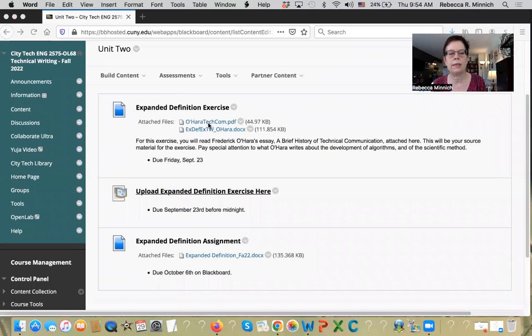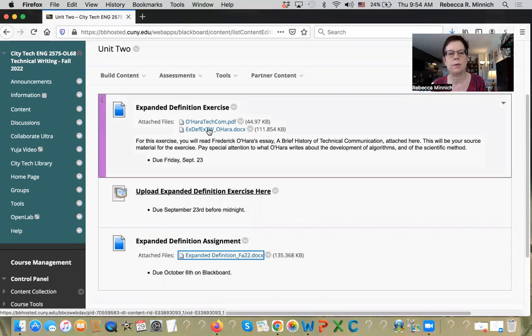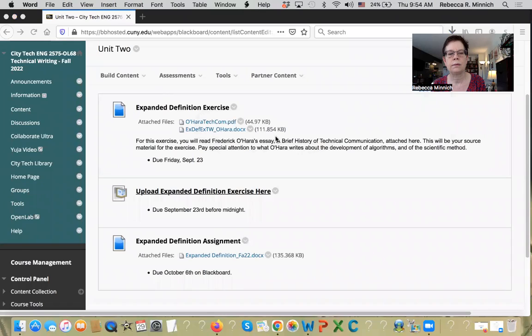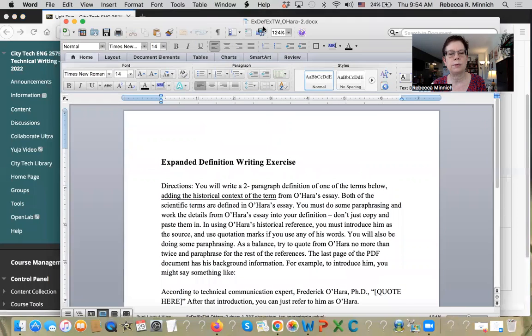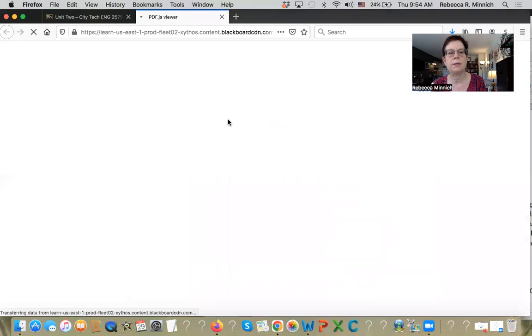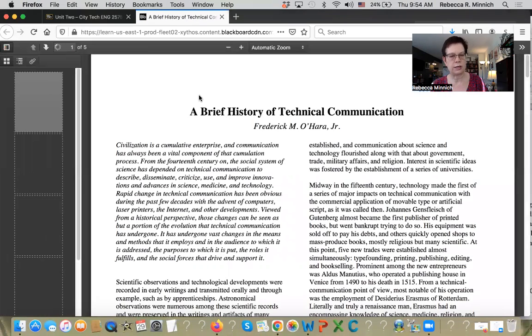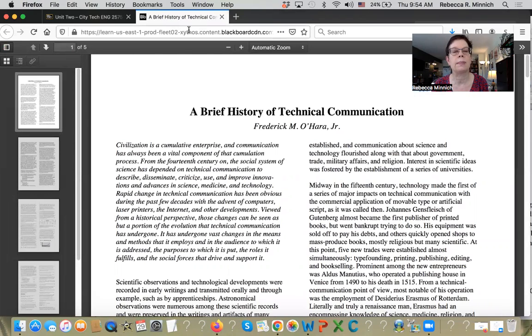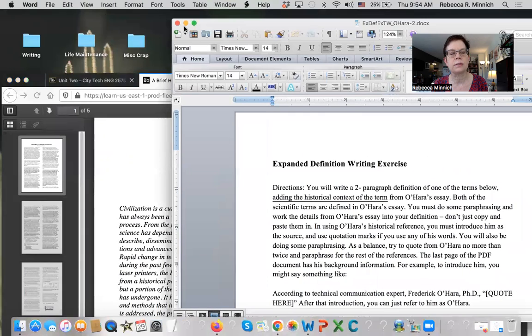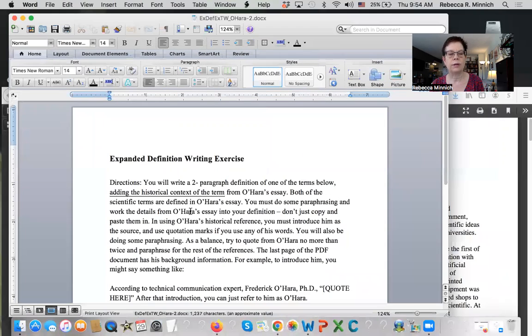And we're going to look at the expanded definition exercise. All right, so just clicking on the exercise first, and then clicking on the PDF that the exercise is based on. Okay, so I'm going to move this a little out of the way so we can just look at this.